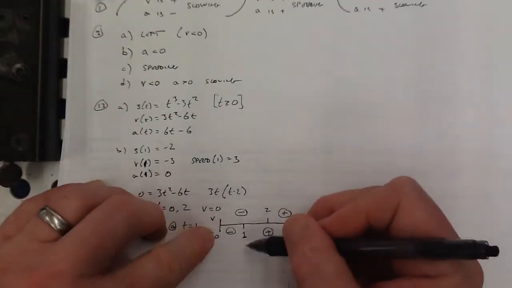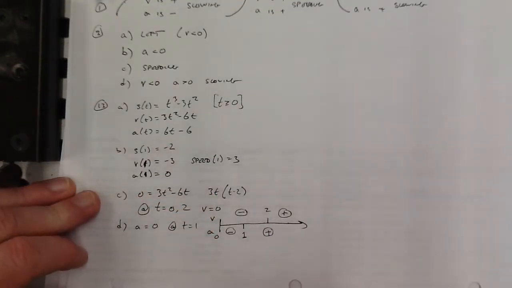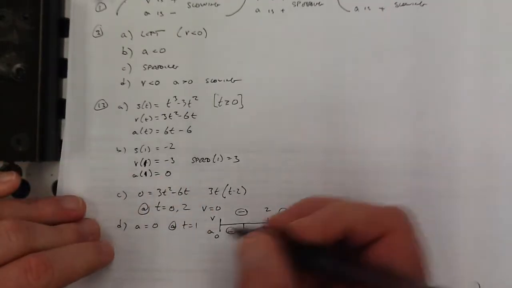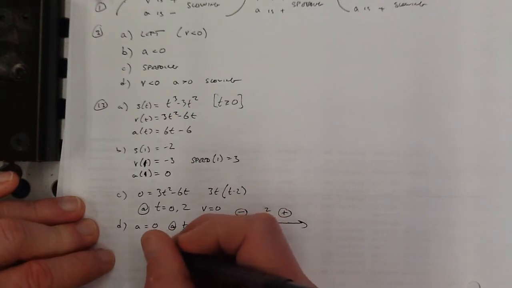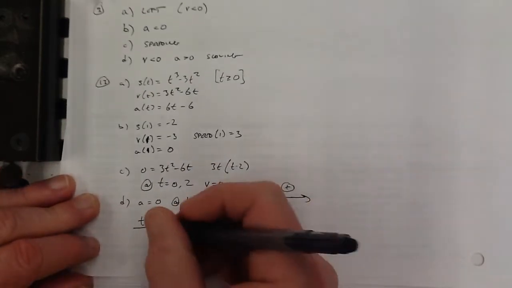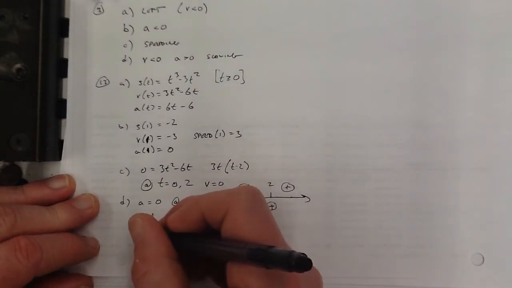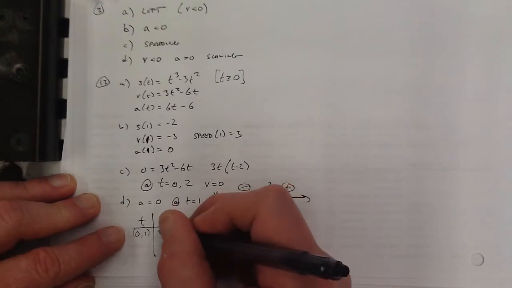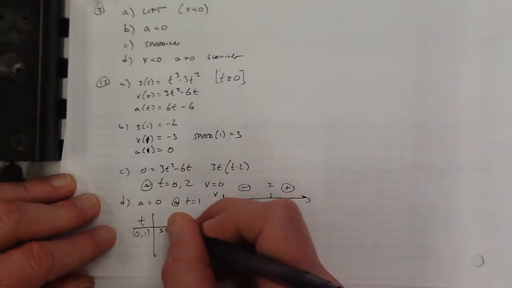So now I can see the intervals of speeding up and slowing down. From 0 to 1, they're both negative. I'll do this as a little table. From time 0 to 1, we are speeding.